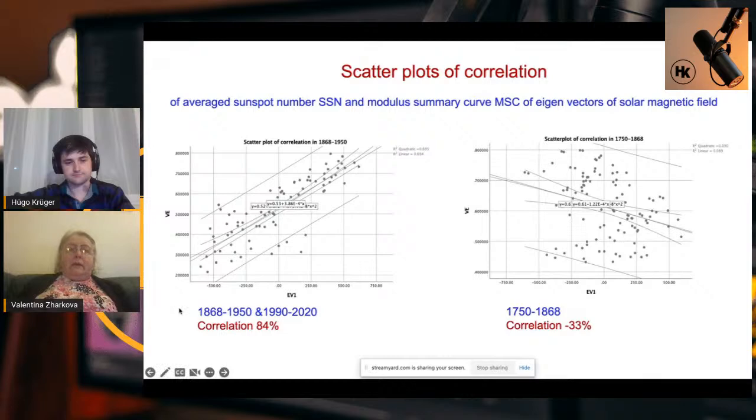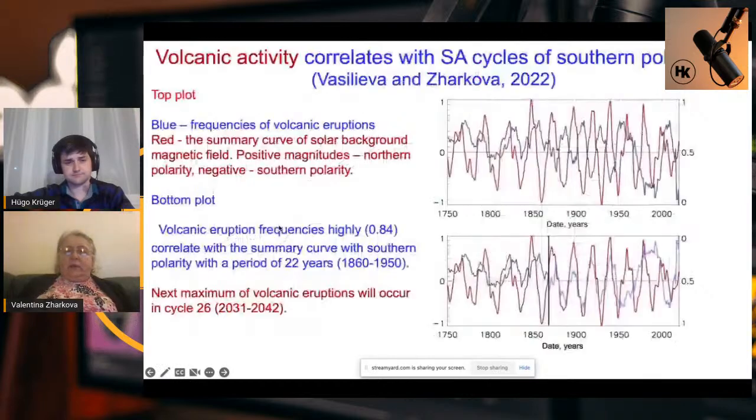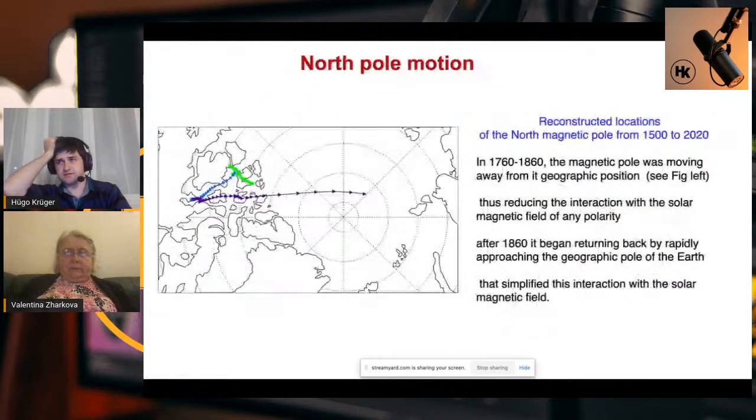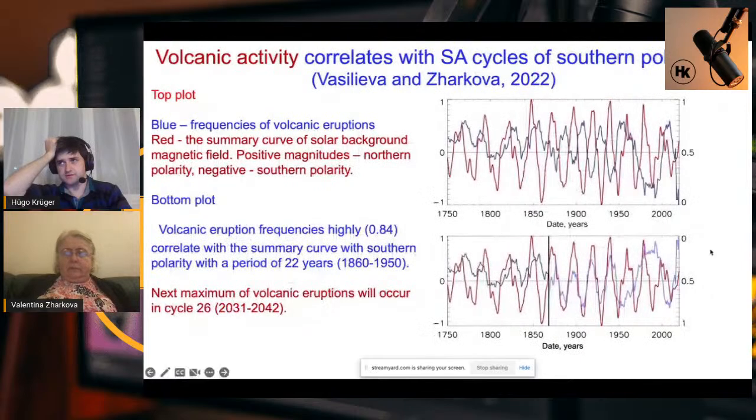You're saying the sun's role or solar activity can explain a mechanism for why volcanic activity would occur? It cannot explain exactly, because the sun does not induce it, but it creates an interaction of the solar magnetic field with the north pole magnetic field.